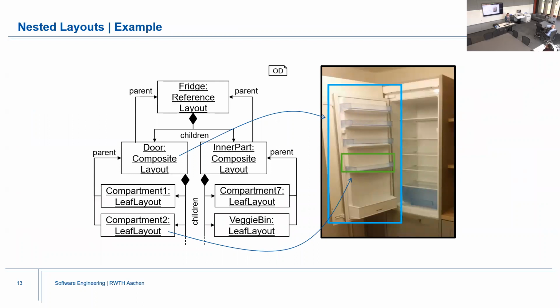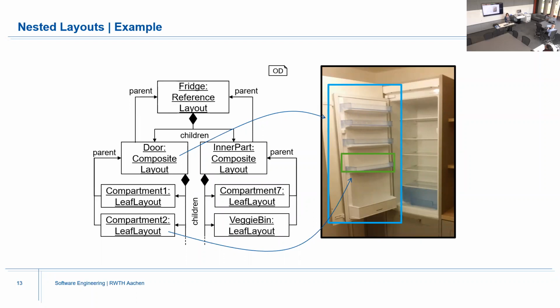So if you have a fridge, for example, then we have this reference, composite and leaf pattern that we're using here. So you have a reference layout, the fridge, which can be relevant landmarks that you have. Yeah, in a kitchen, you often have a fridge or an oven or such devices as central points. And then based from these points, you can then also define other things in reference to them.